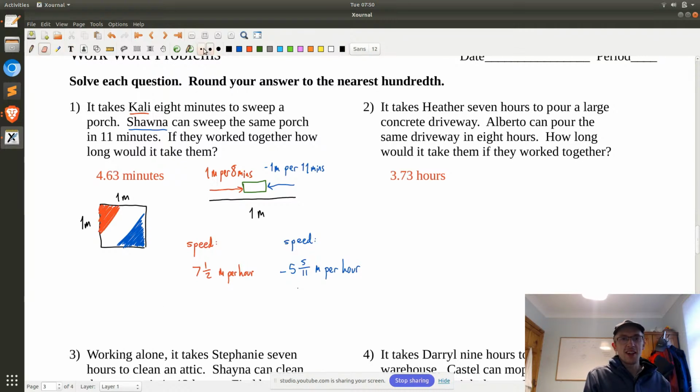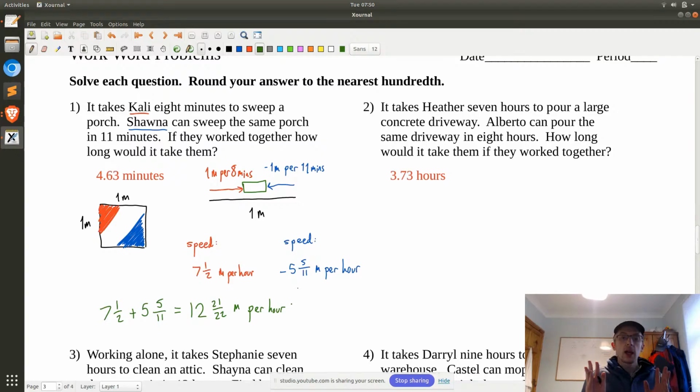Goodness me. That's on the permanent record now. I really don't care. So 7.5 plus 5 and 5/11 is 12. So this is 11 over 22, and that's 10 over 22. So 11 and 10 is 21 over 22. 12 and 21 over 22 meters per hour.